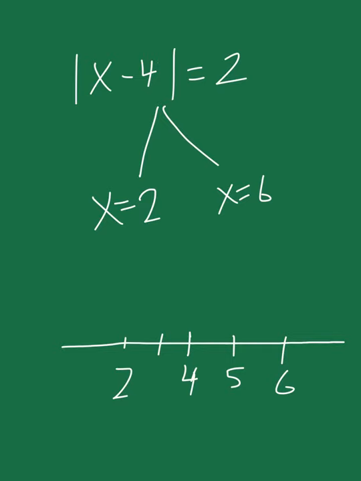And also this explains why you can never have a negative number here, because distance is always measured with a positive number, and we only use the signs positive or negative to indicate direction. So if you ever have an absolute value equation and this part is negative, you know that it's going to have no solution.